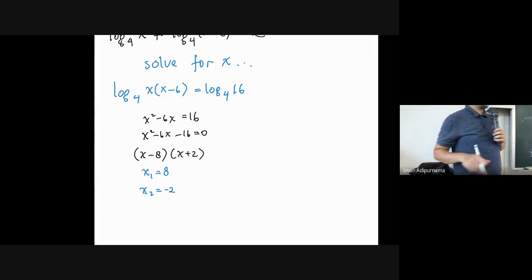If you stop here and you are sure that these are true answers, in the exam this is wrong. Do you know why? All these steps are correct, but the conclusion is wrong.